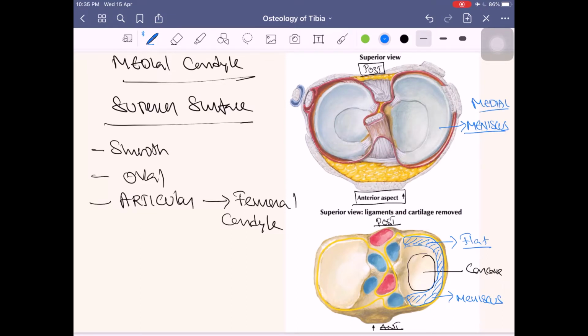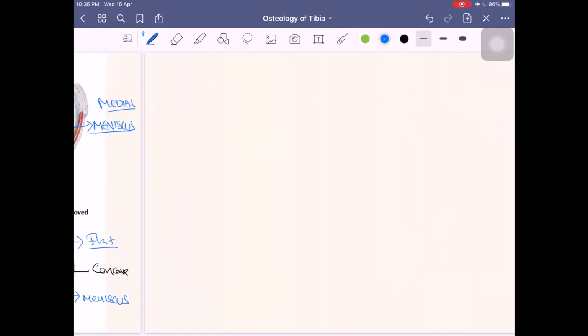So the medial meniscus is attached to the peripheral part. You can see the central concave part is still unoccupied, whereas the peripheral flat part is occupied by a fibrocartilage called the medial meniscus. And that's all about your superior surface. Now let us talk about the posterior surface of your medial condyle.